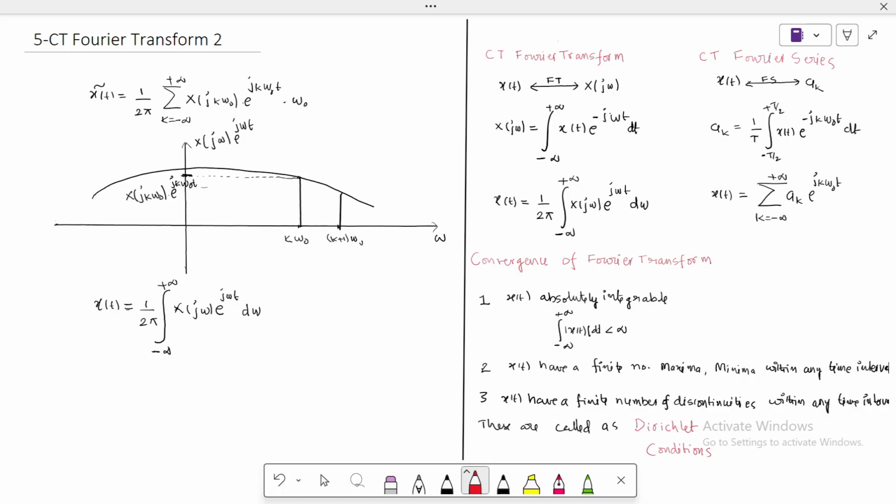Simple thing: it must be absolutely integrable, and it should have a finite number of maxima, minima, and discontinuities. These three are very, very important in the case of the Fourier series, within the time period. So here, within any time interval.